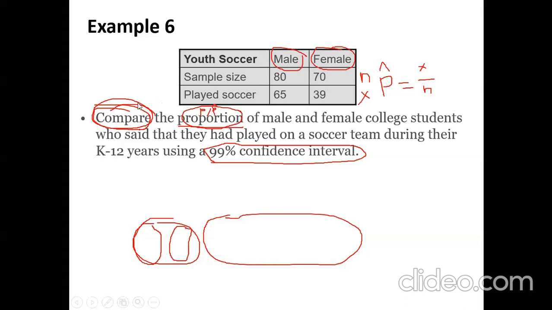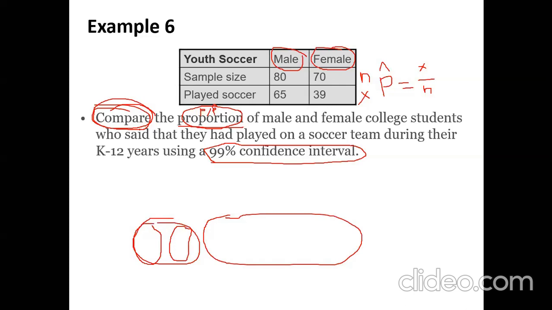Right, and the question also asks about comparison. Compare the proportions, but this time the question asks you to compare the proportion, not compare the mean or the average. If the question asks you to compare the mean or the average, it must refer to sample mean or population mean.